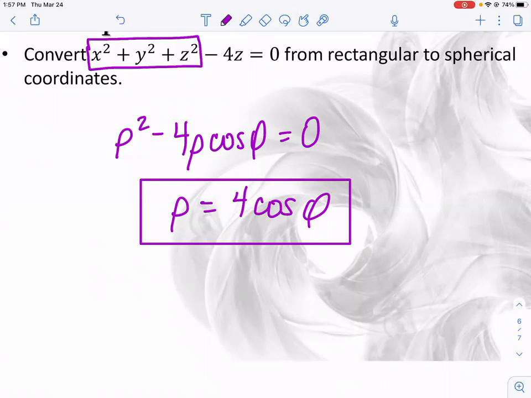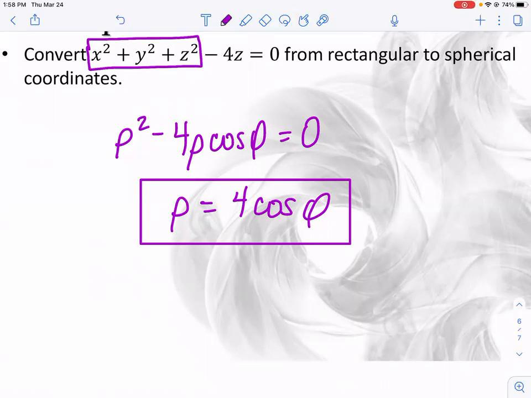What do we have? Look at this right here. We have a sphere, don't we? Yeah.